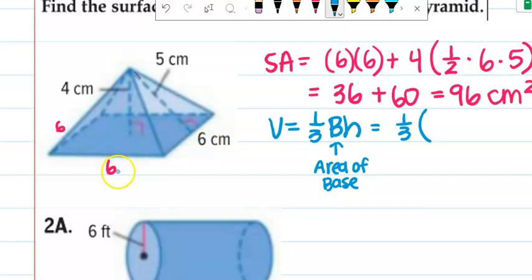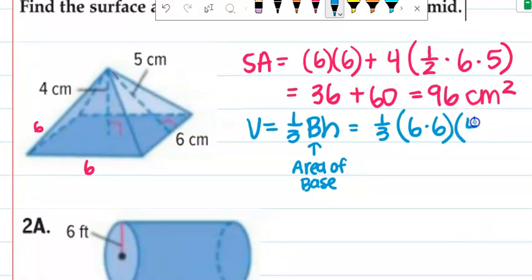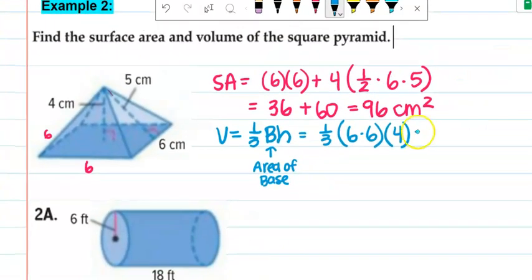Remember we said that that was the square, length times width, or 6 times 6, times the height of the pyramid, which was 4. I'm going to go ahead and put that in my calculator. 1/3 times 6 times 6 times 4. And remember, we can also multiply in any order, so it's okay if you switched up. And this would be centimeters cubed.